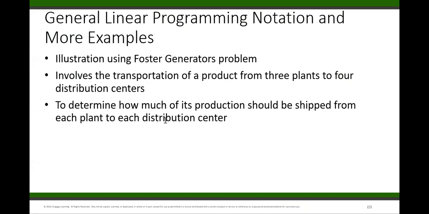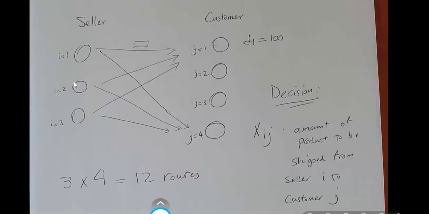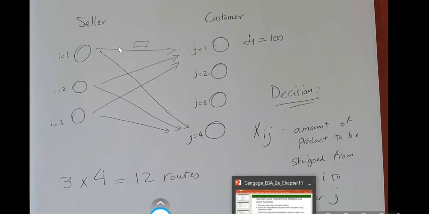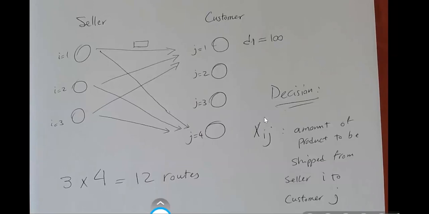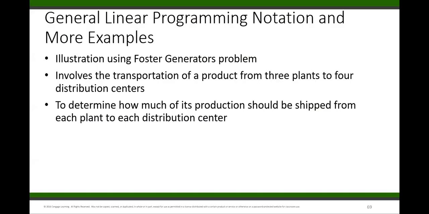It involves the transportation of a product from 3 plants to 4 distribution centers. So it's similar to what we have. Now the customer in this case is the distribution center, and the seller is the plant. We're shipping from 3 origins to 4 destinations.